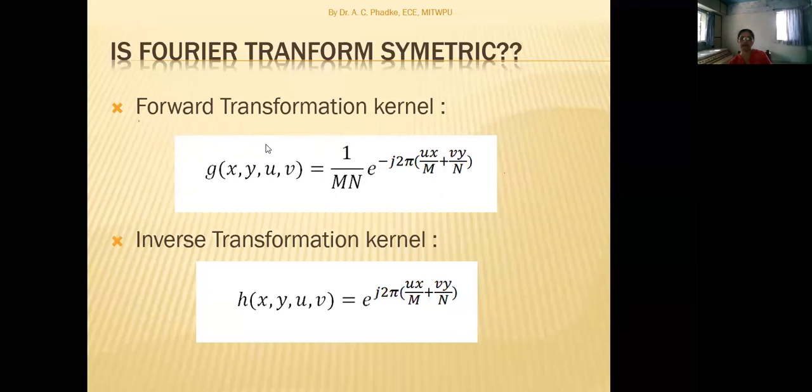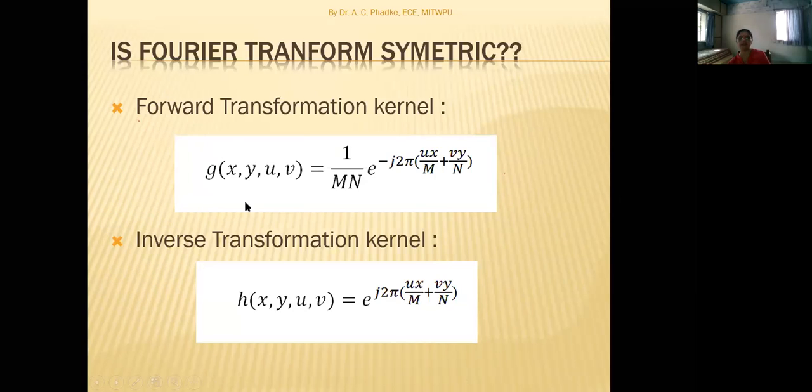Now when we vary this functionality g(x, y, u, v), we get different types of transforms, as shown here: discrete Fourier transform, cosine transform, Walsh transform, Hadamard transform, Haar transform, and Karhunen-Loeve transform.